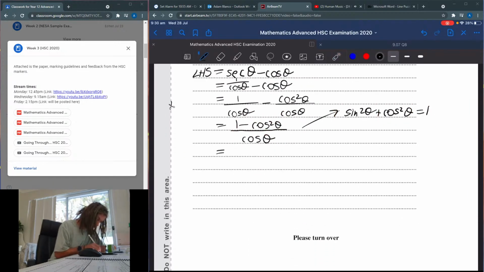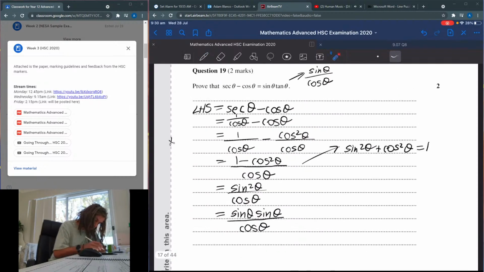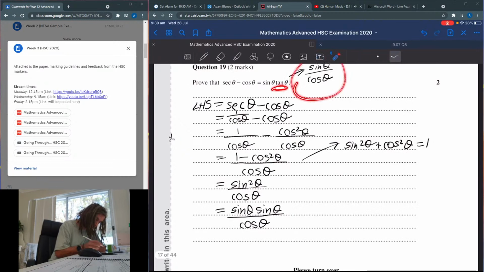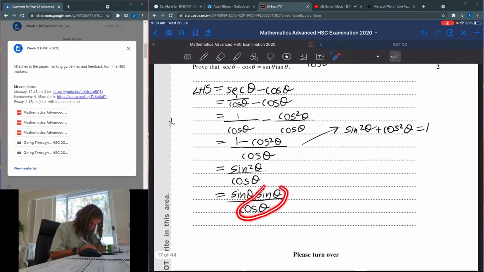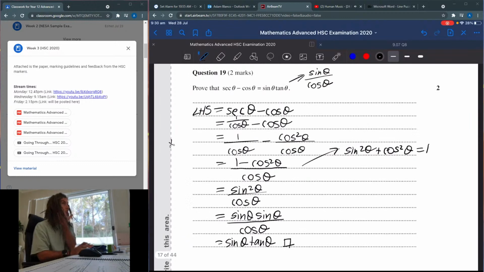So I can write equals sine squared on cos theta. That's like sine theta times sine theta on cos theta, and like I said before, you're looking out for this sort of thing to make tan. So that thing there is tan. So I'm going to write equals sine theta tan theta, and I'm done. You can just draw a box.